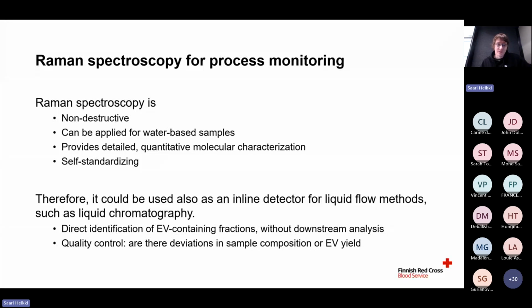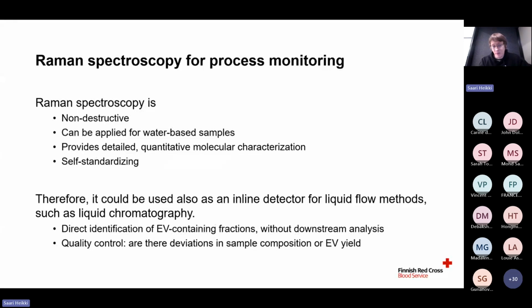Raman spectroscopy provides very detailed quantitative characteristics of your sample, and it can be self-standardized, like I showed in the previous figure. So as a method for inline process monitoring, you can use it for these liquid flow methods like liquid chromatography or ion exchange chromatography in our case.